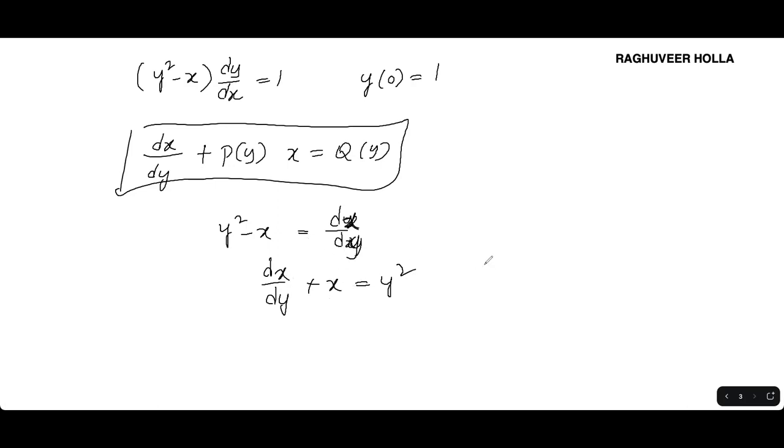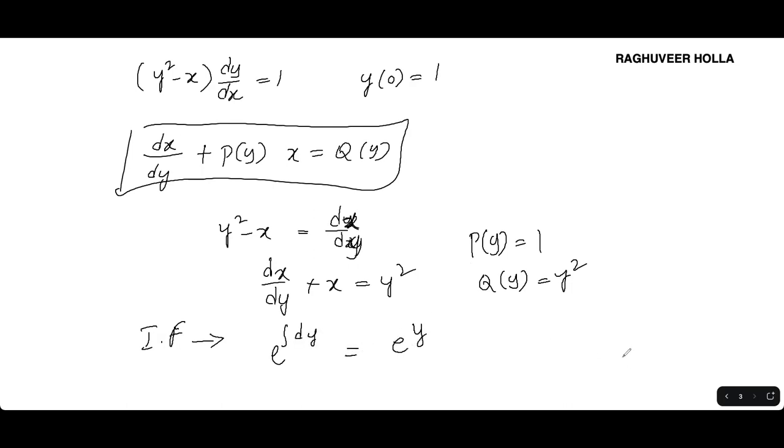Now we got in this form p of y is equal to 1 and q of y is equal to y square. So first thing is you have to find the integrating factor over here, which is e to the power of integral p of y dy, which is dy alone, which is e to the power of y.